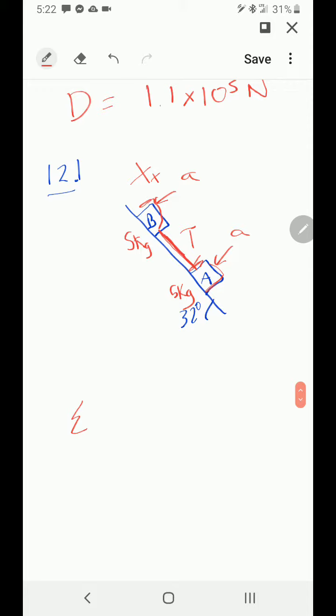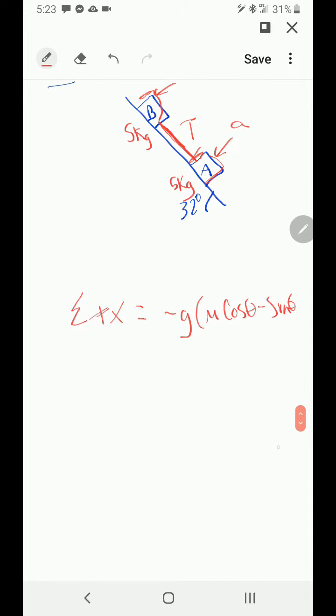You have the sum of forces in X, and at the end it is g times mu cosine of theta minus sine of theta, which equals a. And then you plug in the numbers.